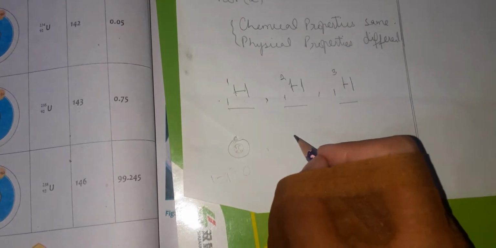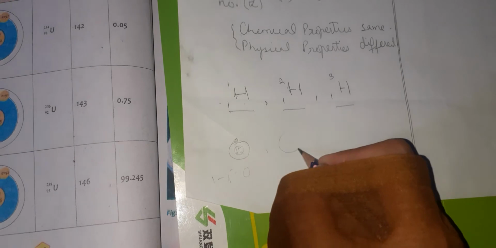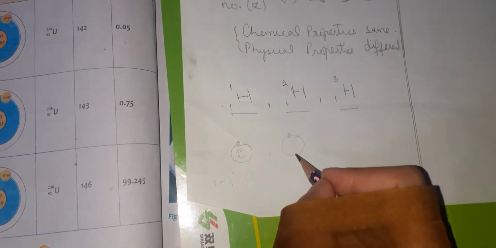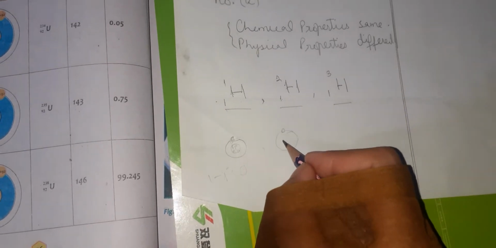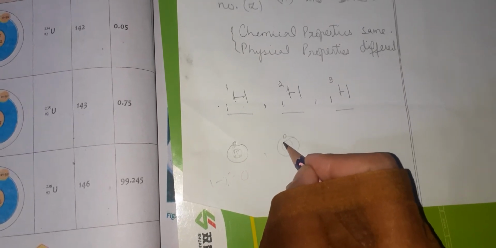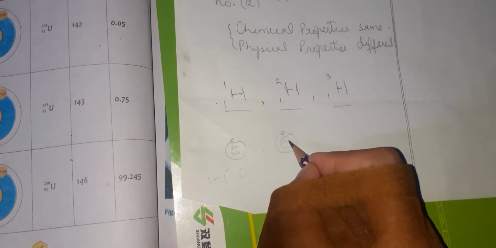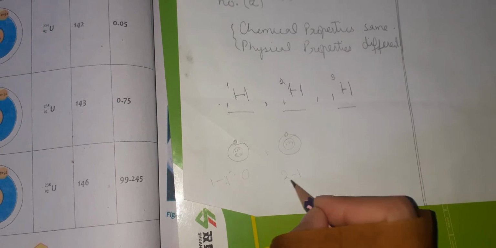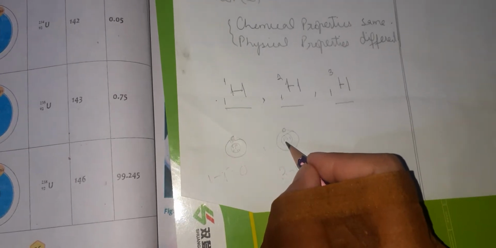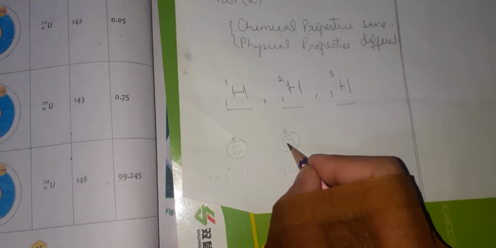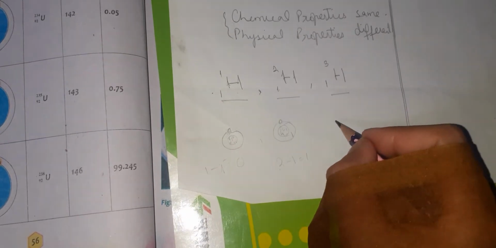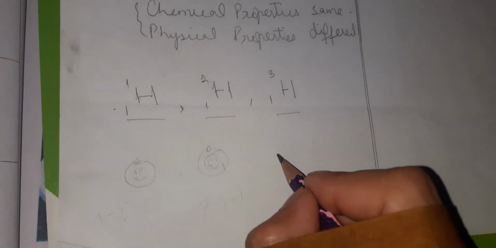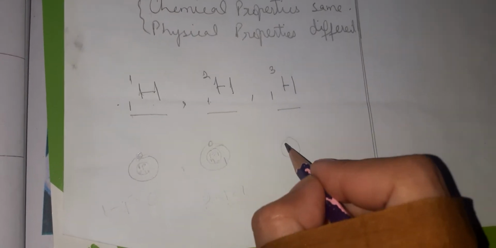Whereas in the case of deuterium, 1 is the atomic number. This means there is one electron. If the electron is 1, obviously there will be one proton. And how many neutrons? 2 minus 1, atomic mass minus atomic number, that is 1. And in the third case, in the case of tritium, the atomic number is 1.